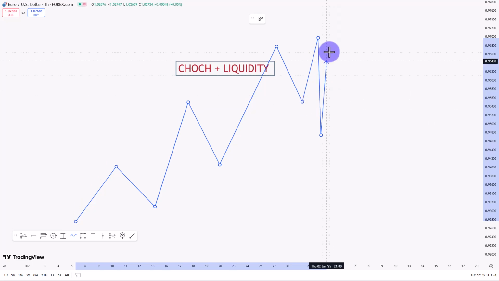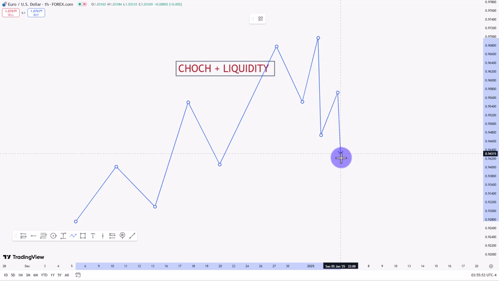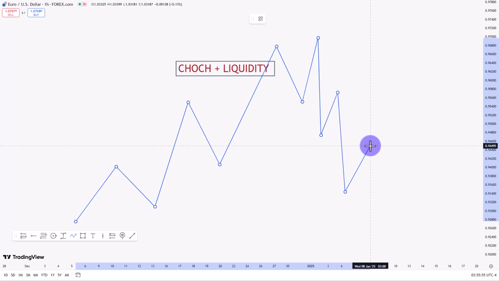So we are changing from a bullish market character to a bearish market condition because the last swing closed below the previous swing low. In a bearish market structure, we want to see price action form lower low, lower high, lower low, lower high.